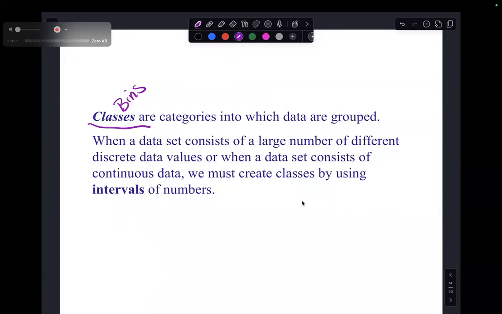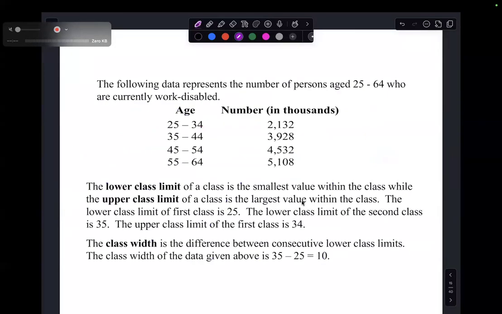So if I have a lot of different numbers, it could be discrete, but I might have a really wide range of numbers, and so I would want to put them together, or if we're continuous, we would do it. So let me show you what that looks like. Okay, so this one is age. The data represents the number of persons ages 25 to 65 who are currently work disabled. So this is discrete, but actually it's continuous.